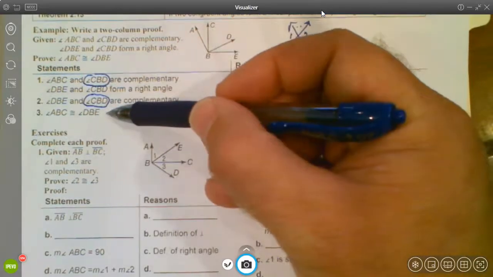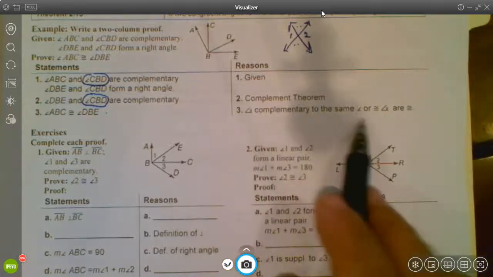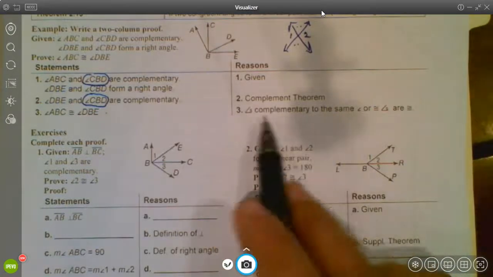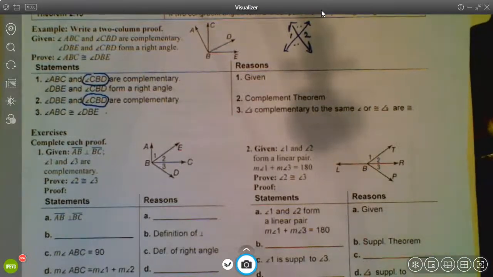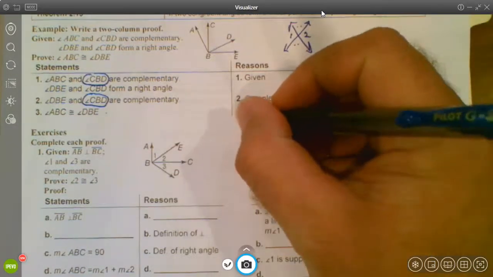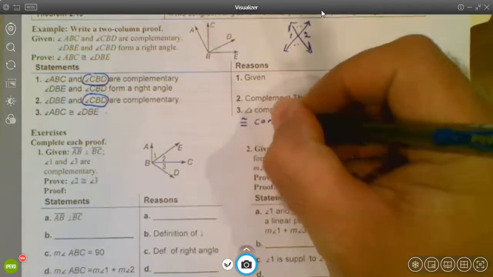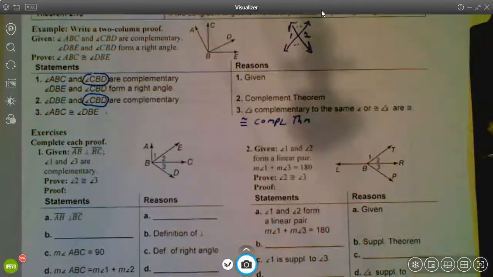And so that's what they said as their final statement. So what they did on this is instead of writing the name, congruent complements theorem, they wrote out what the theorem says. And we've talked about this before. That's fine. You can either write the name or you can write what it says. And I'm okay with either one. I've always written this one as our congruent complements theorem, so you could write it that way too.